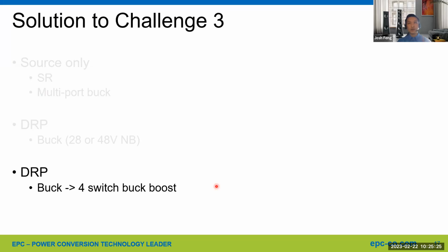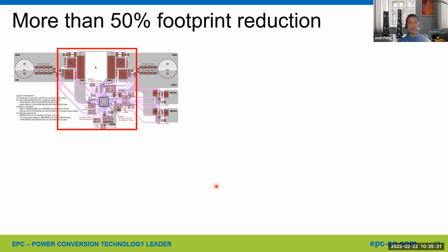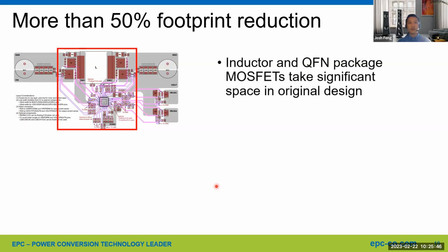We have been working with, and I will take one success story from, one of the IC controller companies that were able to reduce the footprint by more than 50%. In this particular case, it's a buck boost controller designed for power banks and docking stations, for instance. The very original design has an inductor of about 4.7 microhenry and a QFN package MOSFET.